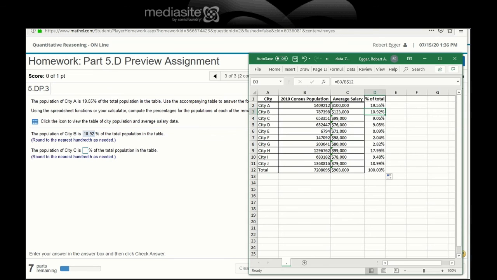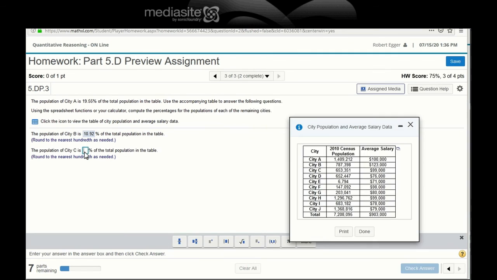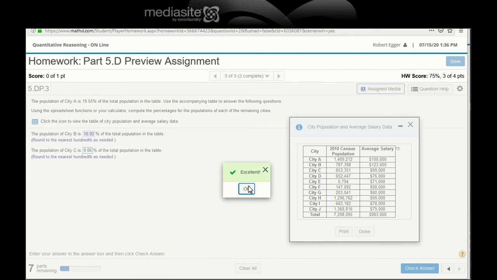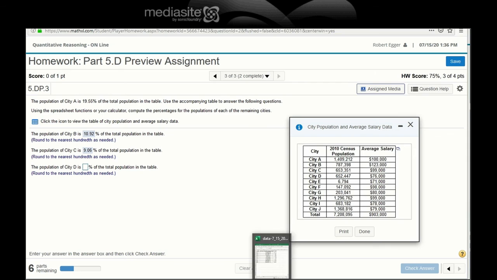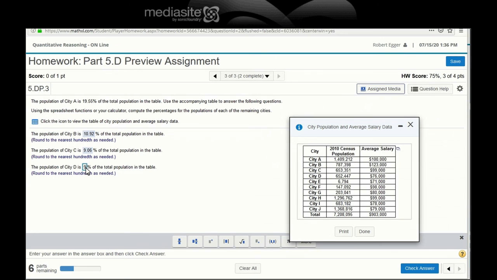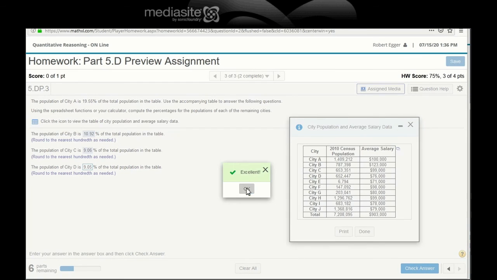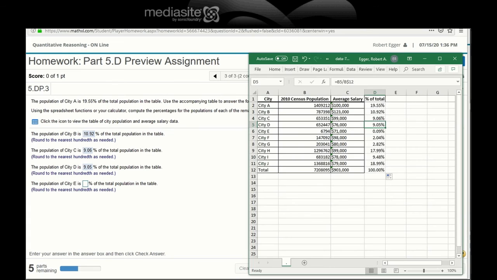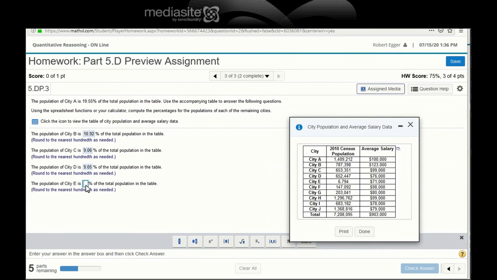City C is 9.06. City D, 9.05. City E, 0.09 percentage.